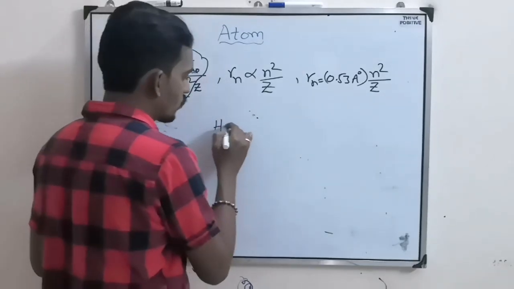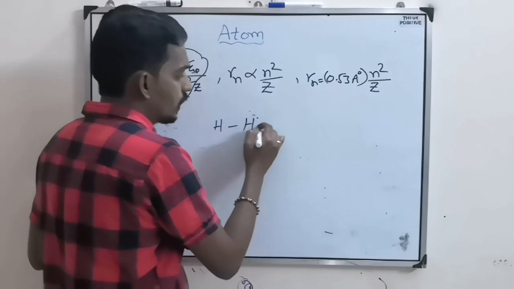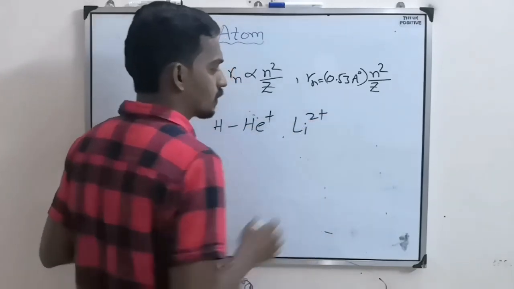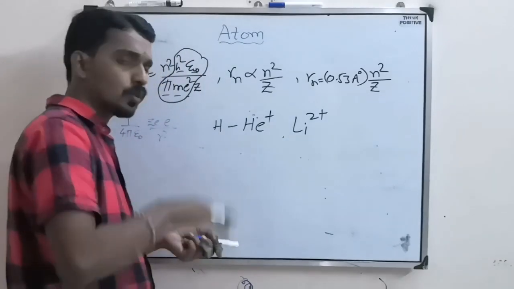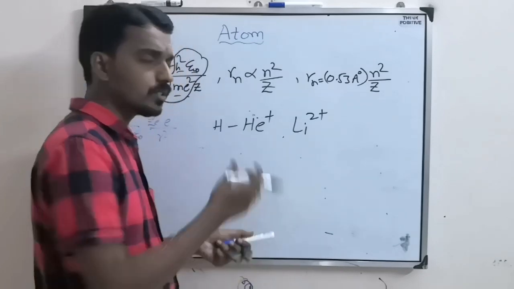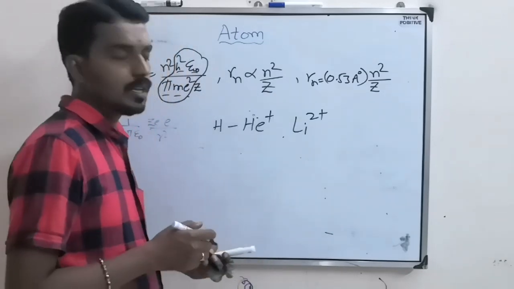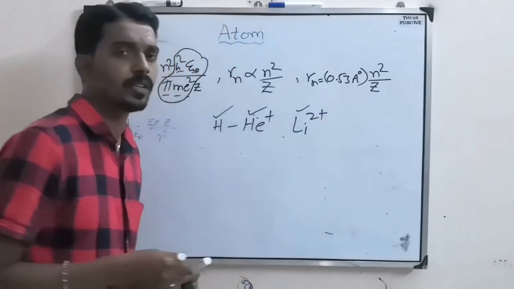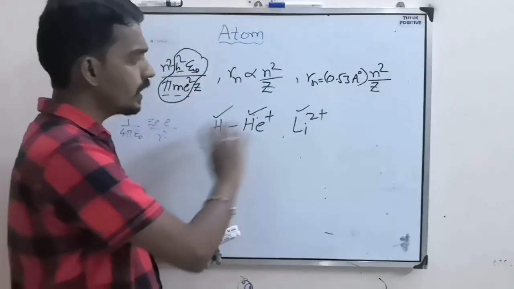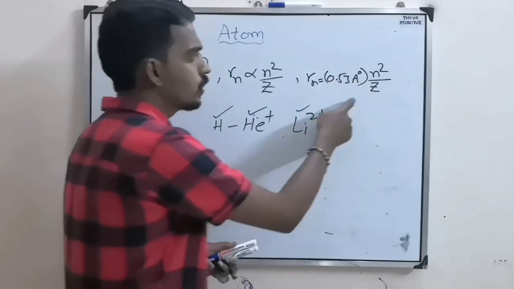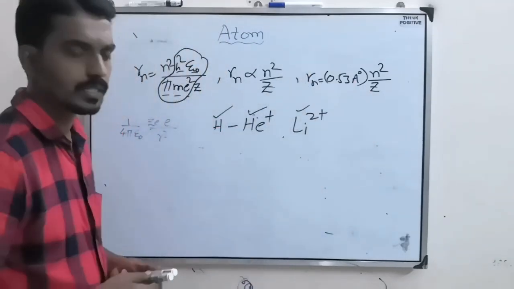That means hydrogen, or helium plus, or lithium 2 plus. Helium plus means there were 2 electrons, you remove 1, so 1 will remain. Here 3 electrons, you remove 2, so 1 will remain. So for hydrogen or hydrogen-like atoms only you can apply this. For any such atom, when they are asking for any such orbit, use this general formula.